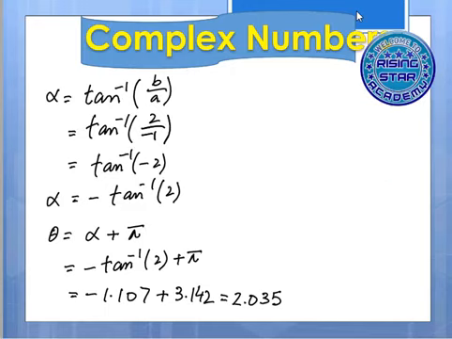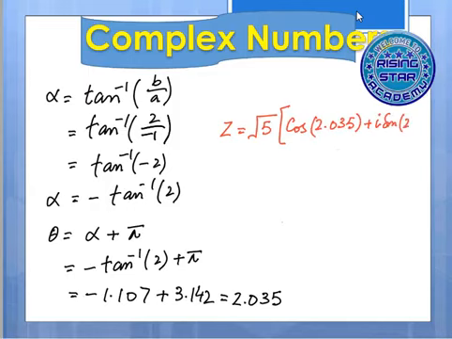So z is equal to root of 5 times cos of 2.035 plus iota sine 2.035. This is my final answer in polar form.